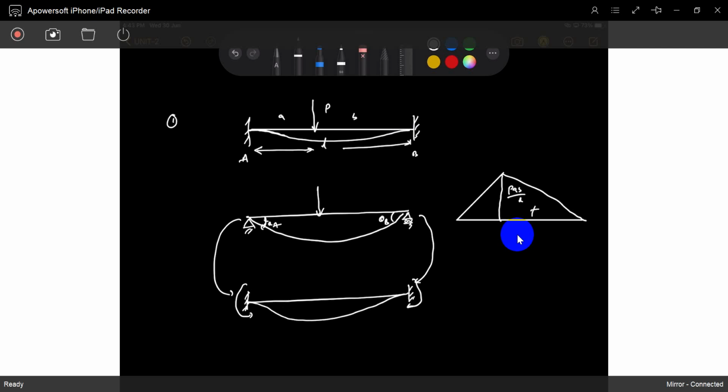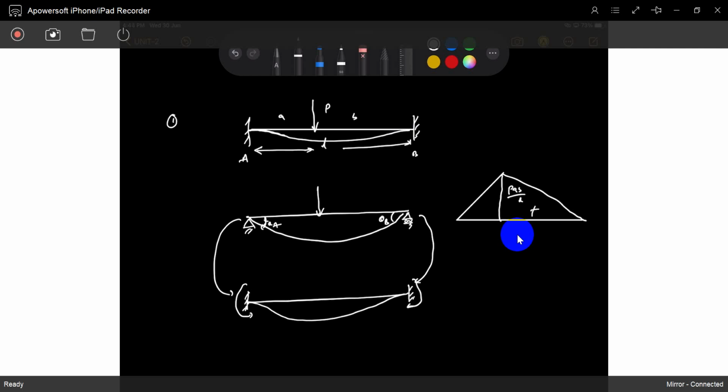Fixity means it is fixed, not a hinge. If it is a hinge, it will easily rotate, but fixed, it can't rotate. That's why the moment is arising. Force is a force, and moment is also a force. So the fixed moment arises to nullify the slope.